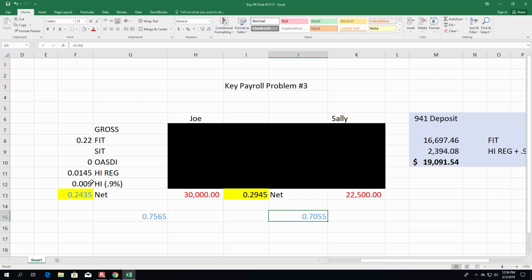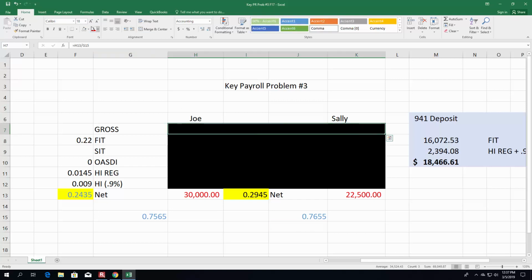She didn't get to the .009. She hasn't earned that. So she is 1 minus F8 minus F11. Her net was 76.55% and his was 75.65.